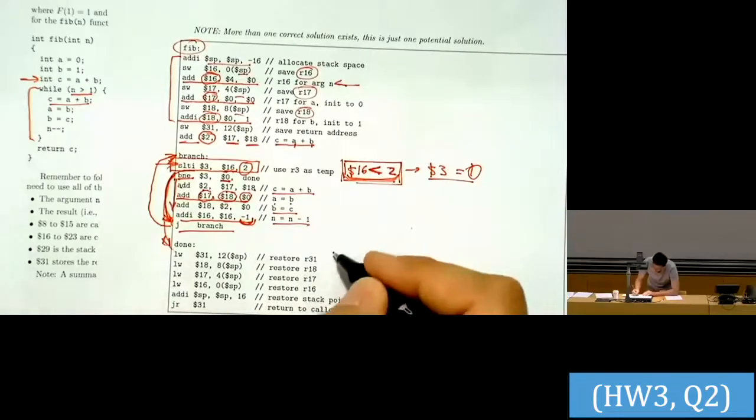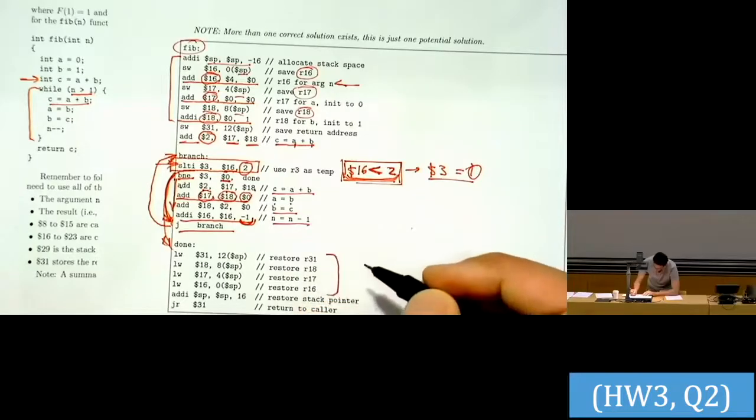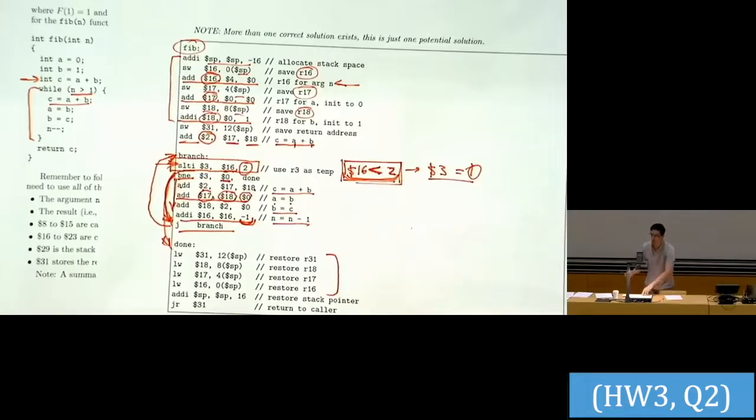And the very last part that you can find in the code is this restore, because remember that in the beginning what we did was storing the content of these temporary registers in the stack. Now, right before leaving the function, we have to restore the contents of the registers.